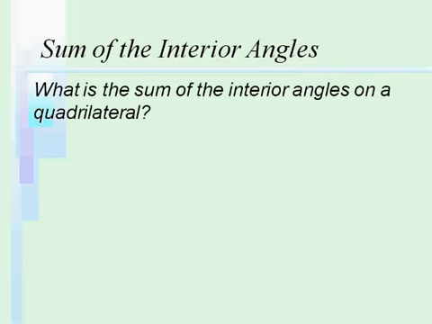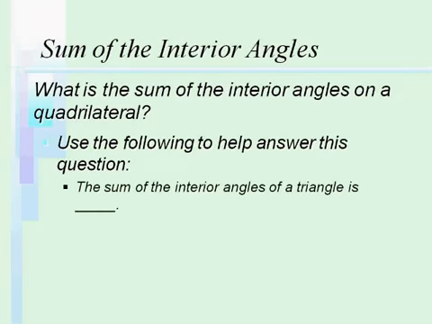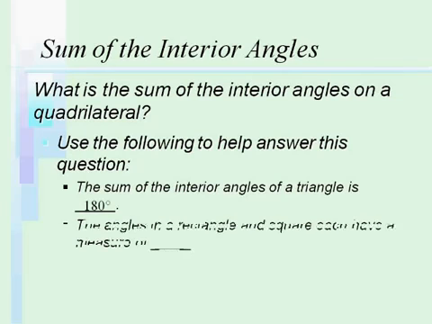Now, to figure out what is the sum of the interior angles on a quadrilateral, use the following to help answer this question. The sum of the interior angles of a triangle is 180 degrees. The angles in a rectangle and square each have a measure of 90 degrees.